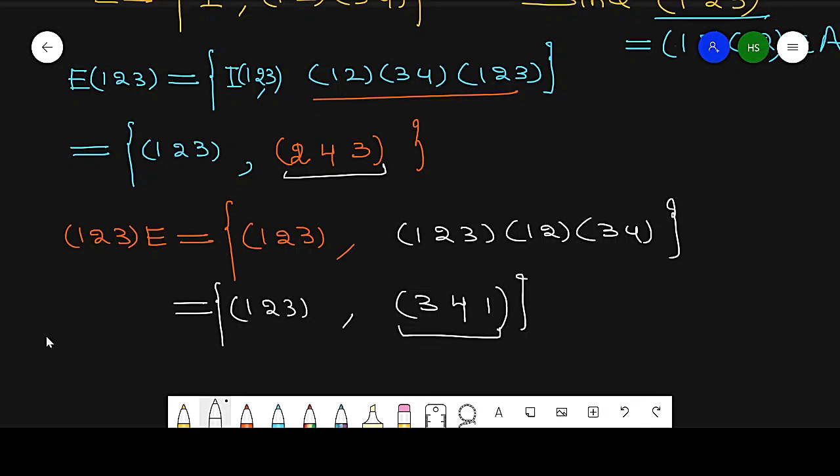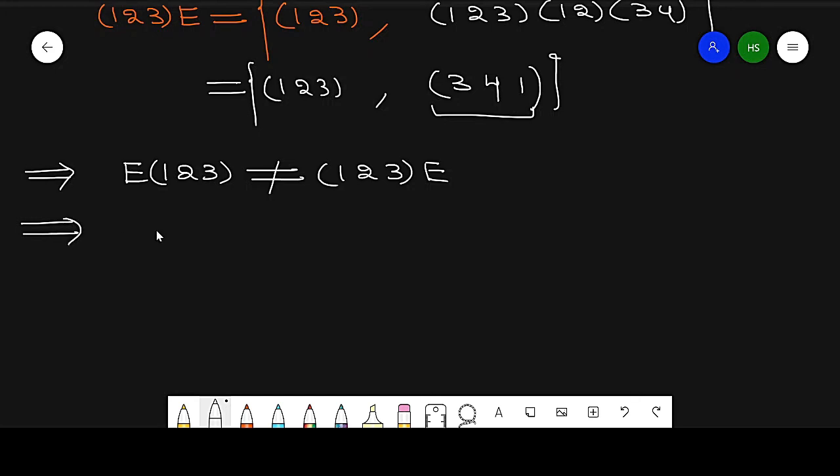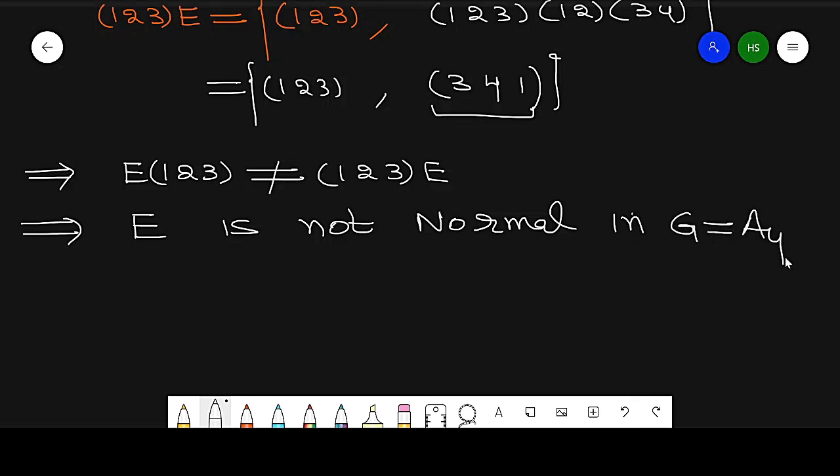So it means E times (1 2 3) is not equal to (1 2 3) times E. So it implies E is not normal in G, that is, in A4, which proves our result.